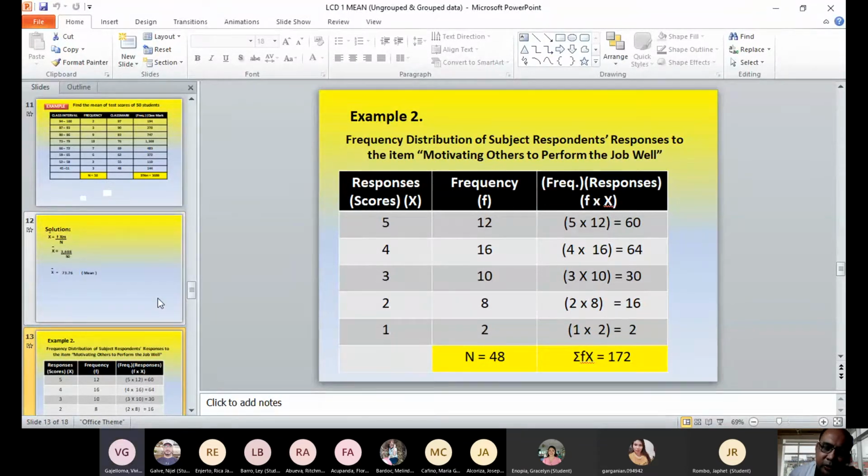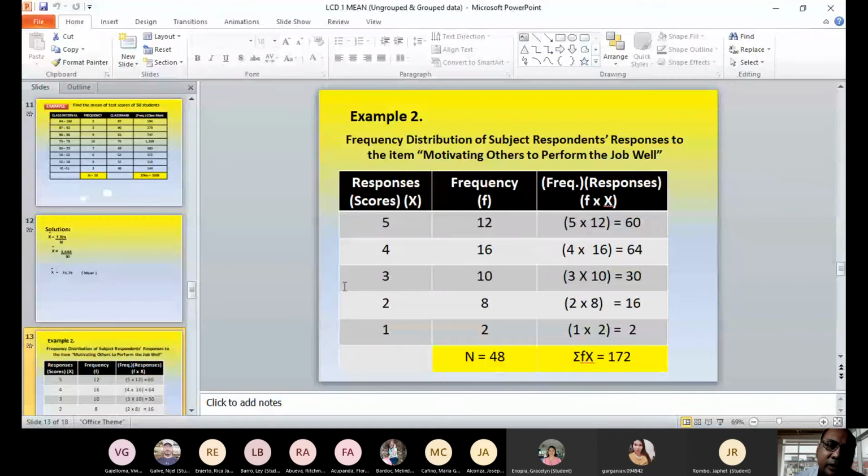So meaning to say, in your distribution, as what I have said a while ago, or in our topic about distributions of your data, so meaning, one is the questionnaire, indirect or questionnaire methods.